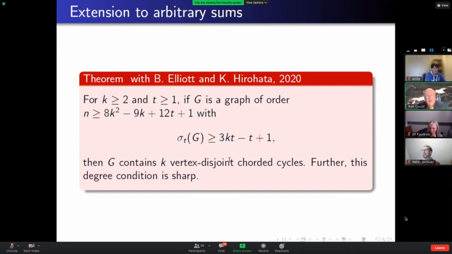Further, this degree condition is sharp, and you can guess that the sharpness example is a bipartite graph again. The 8k squared minus 9k plus 12t plus 1 is an artifact of the proof. We didn't think it worth the major effort to try to knock that down any further. So we just let it go at that.